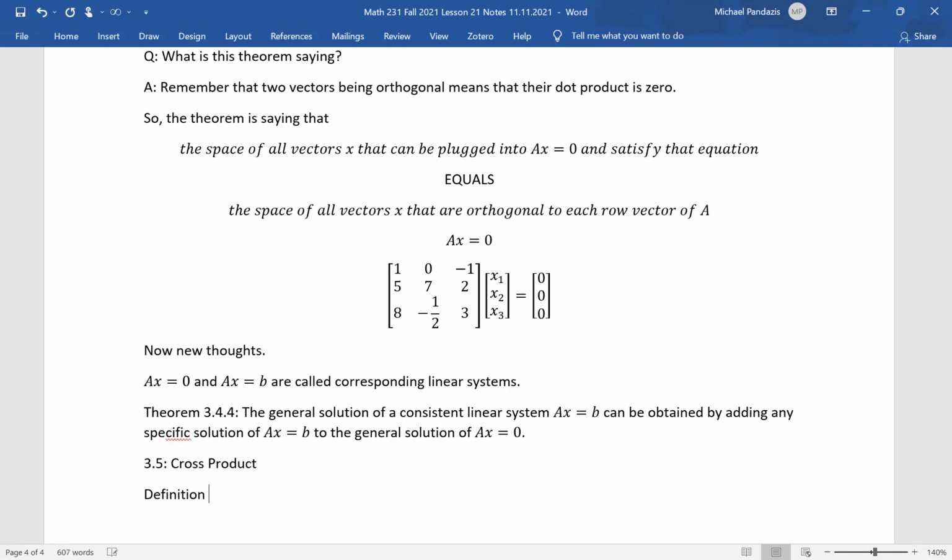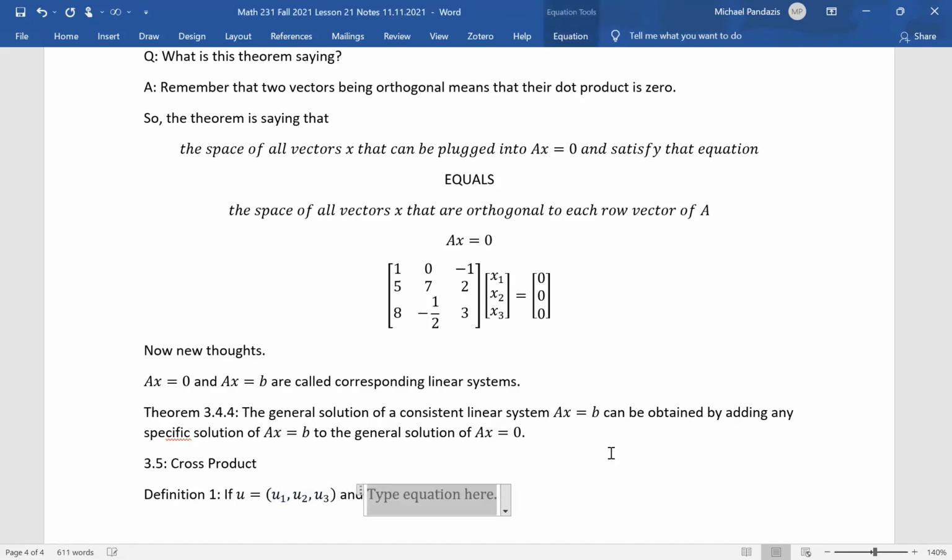Okay, so definition 1. If U is equal to the vector U1, U2, U3, and V is equal to this vector V1, V2, V3, are vectors in 3 space. So you see they're vectors in 3 space, how I wrote it.